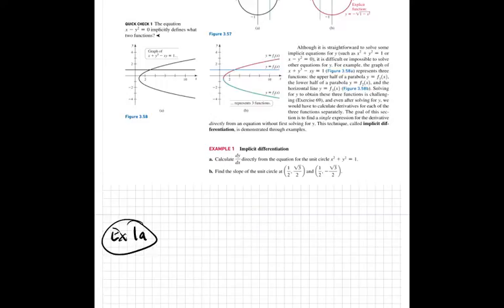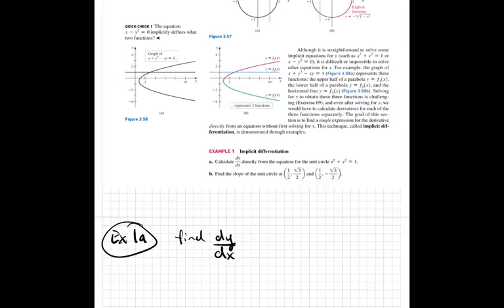We're asked to find the derivative of y with respect to x of x squared plus y squared equals 1, right?